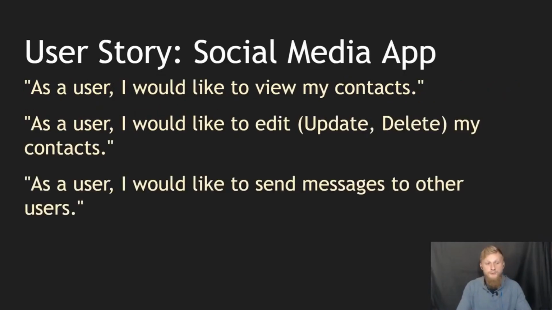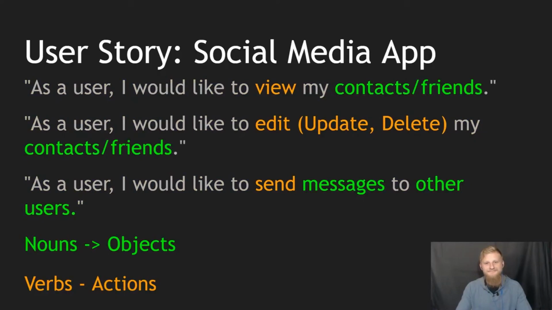So, for example, I have written a couple of user stories. As a user, I would like to view my contacts. As a user, I would like to edit my contacts. As a user, I would like to send messages to other users. Again, pay close attention to the nouns and verbs.